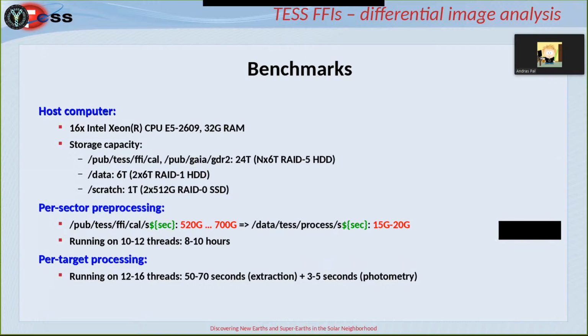So if you say that, okay, we have to retrieve 1 terabyte of data per month, at first glance it sounds big, but if you can buy a hard drive with 10 terabytes of capacity for a few hundred euros, then it's not so big. So what we can do at first glance is just mirror everything from the TESS bulk download website, and then we start the process.